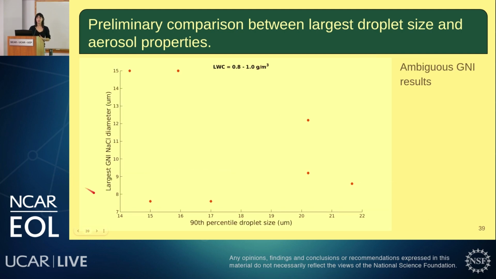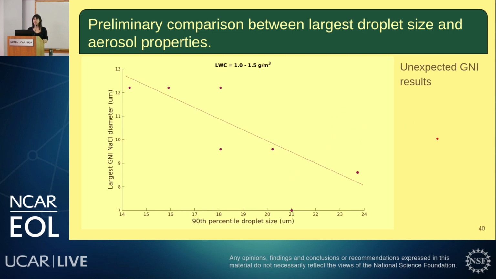Here's a comparison of the largest salt aerosol recorded below the cloud pass and the 90th percentile droplet size from the holodeck. In some cases, the data is scattered, so it's inconclusive or ambiguous. And then again, in some cases, for this liquid water content, this is sort of an unexpected result.